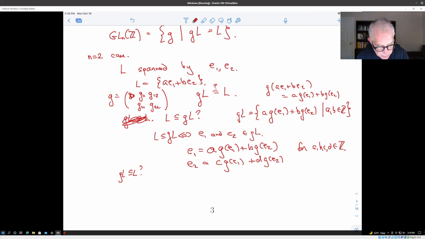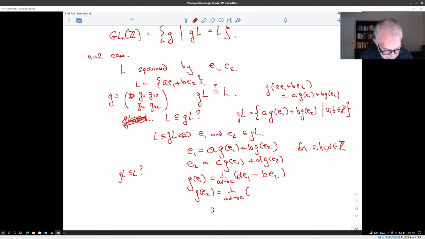And if we view these as two equations and two unknowns, what we find is that G of E1 is equal to DE1 minus BE2, but that we have to divide by AD minus BC. And G of E2 is 1 over AD minus BC times minus CE1 plus AE2.